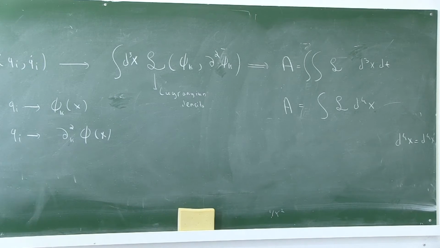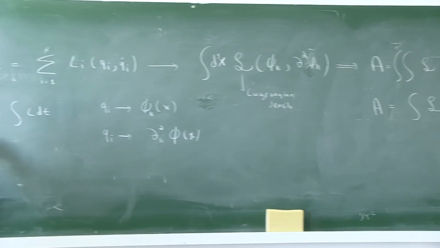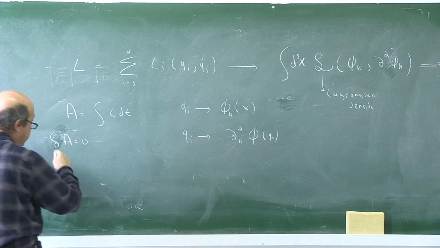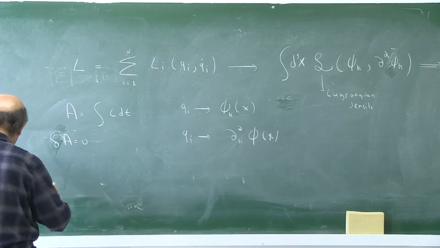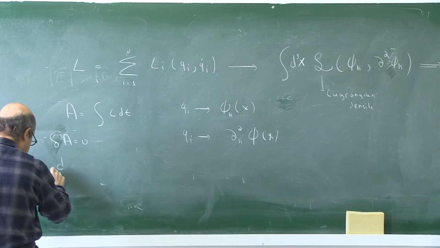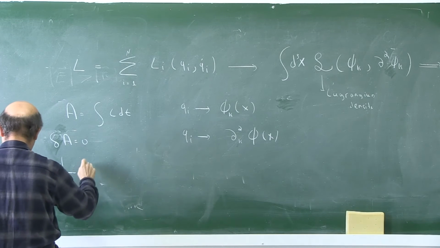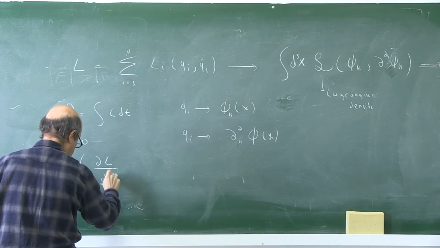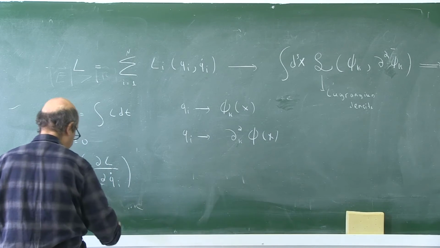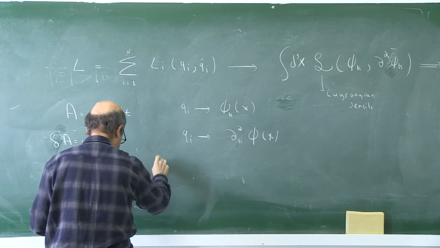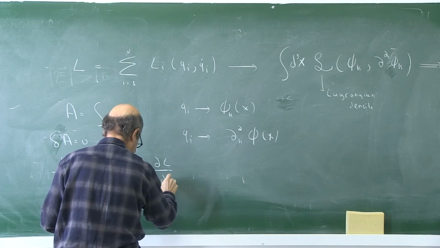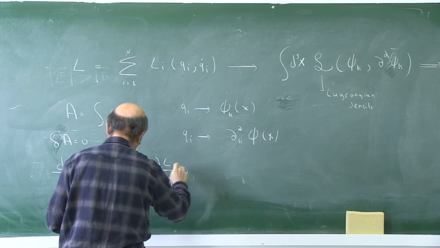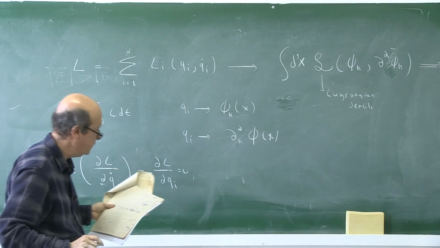From classical mechanics, you know that if you take the variation of the action equated to 0, then you will find the equation of motion, d over dt del L over del qi dot minus del L over del qi. Okay, this is the equation of motion.